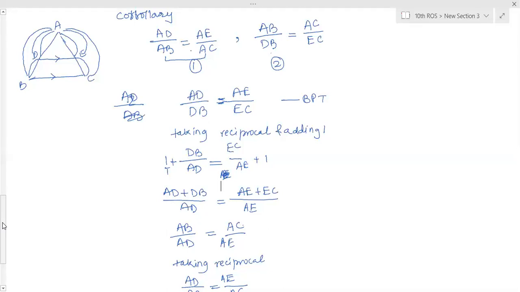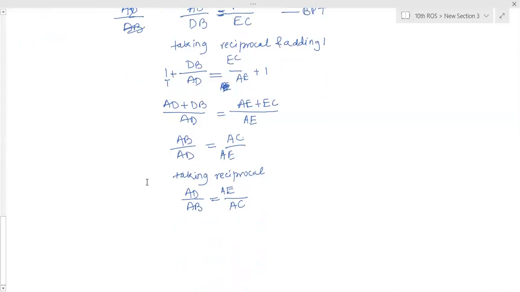Ma'am, I have a doubt. When we are already taking reciprocal in the first, why are we taking reciprocal again? What you have to prove and what you got, think of that. You need AD by AB. Without reciprocal, what is the answer you're getting?